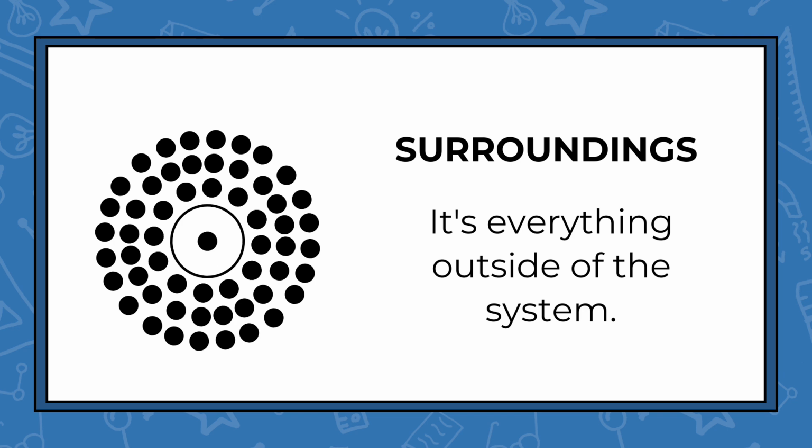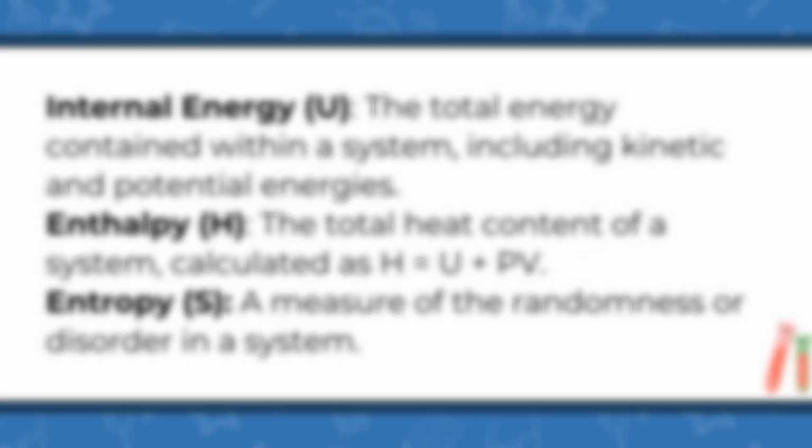So basically, everything outside the pot. Together, the system and its surroundings make up what we call the universe in thermodynamics. The surroundings play a big role because they affect how energy flows in and out of the system, and they can influence chemical and physical changes.